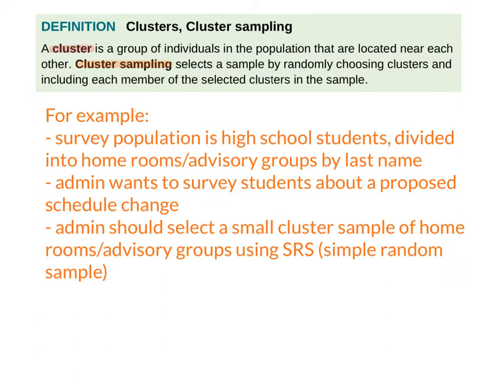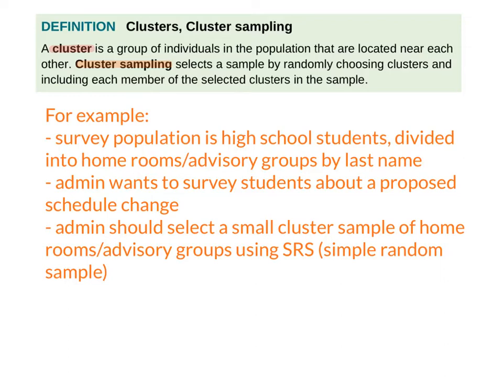Cluster sampling selects a sample by randomly choosing clusters and including each member of the selected cluster in the sample. So what does that mean in an example? Again, let's say that our population is all of a high school student body, and those students are divided alphabetically into homerooms or advisory groups. If it's by alphabet, you could have 9th, 10th, 11th, and 12th graders in the same homeroom, just based on their last name.